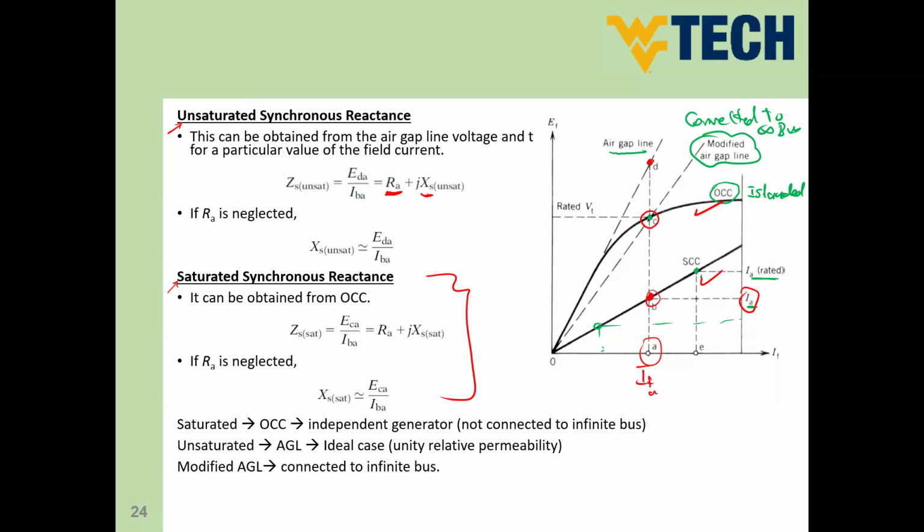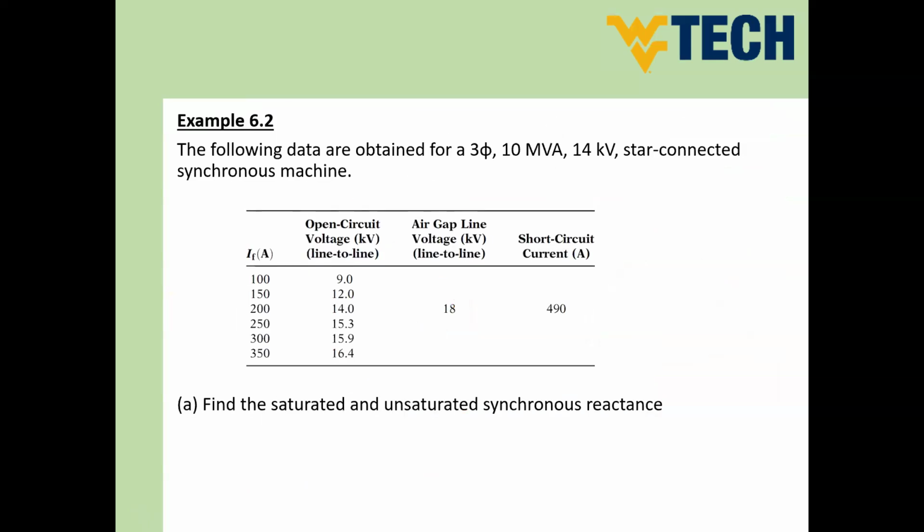Now, let's solve a numerical example together. In this example, guys, this is textbook example number 6.2. The example says the following data are obtained for a three-phase 10 megavolt ampere, which is the rated apparent power, 14 kilovolt, star connected.